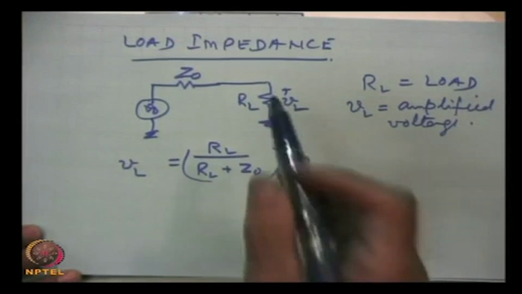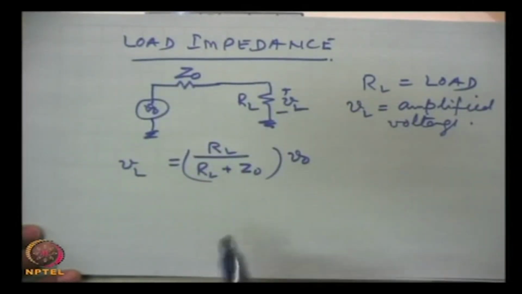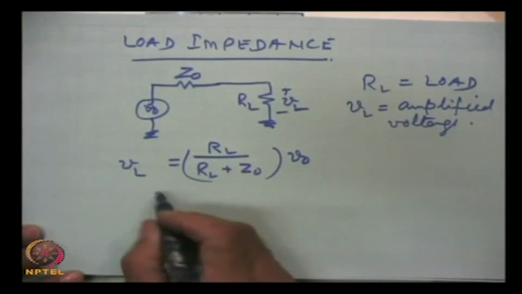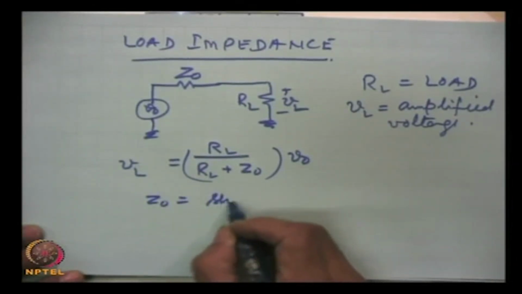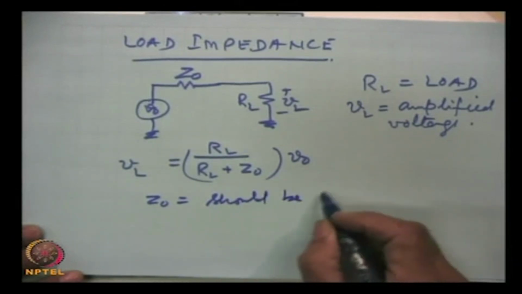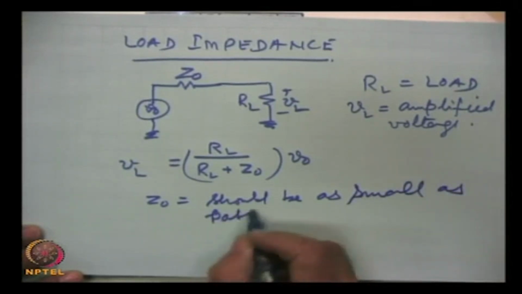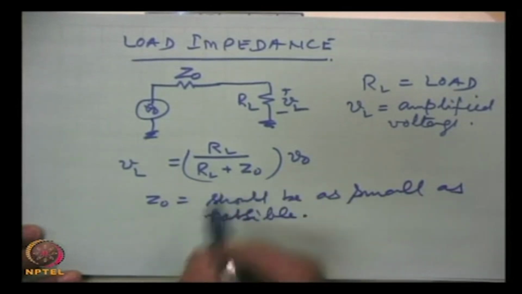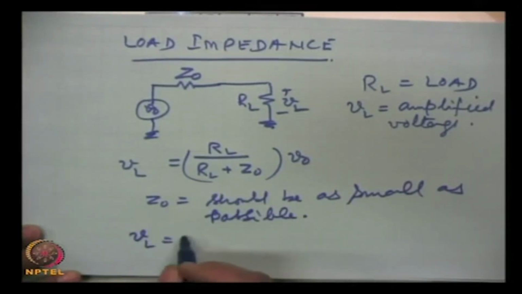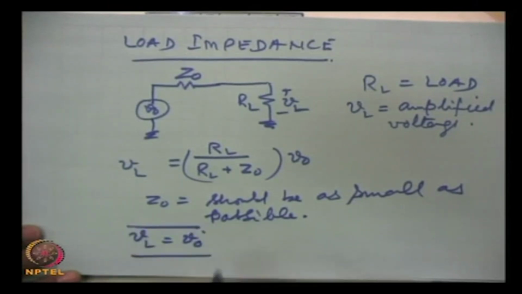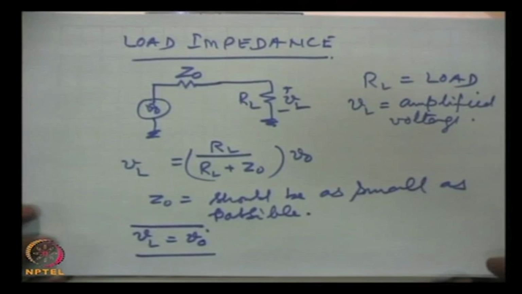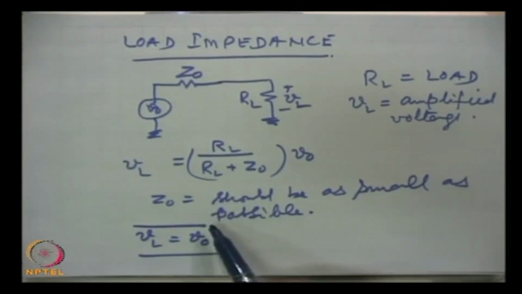Now, there should not be loss of voltage. This will require that Z0 should be as small as possible. Only then VL will be equal to V0. So, this is the justification for the statement which we have been making, that the output impedance of a voltage amplifier should be low.